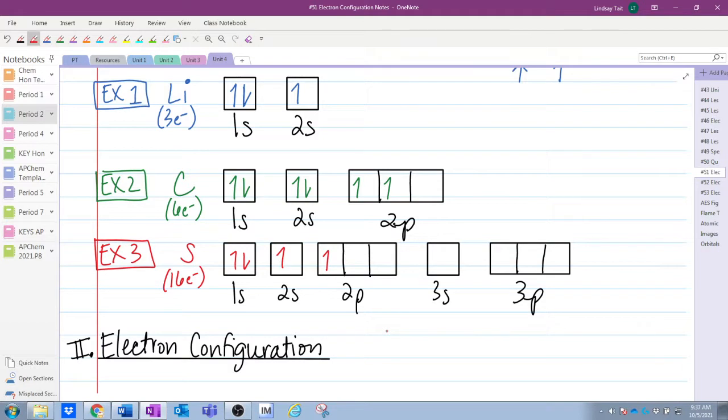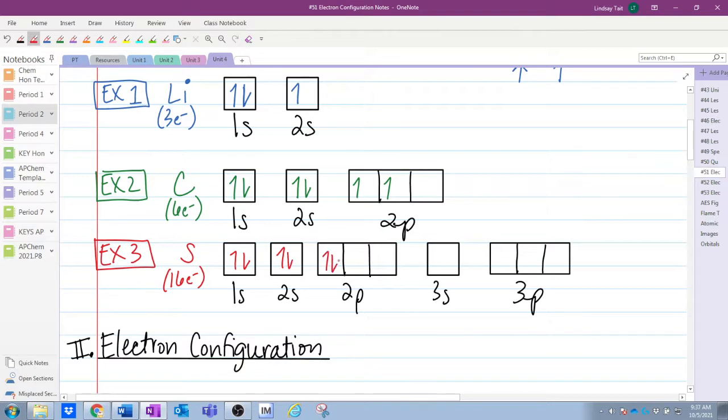Aufbau because? You have to fill it. Got to fill which one? The 2s. Got to fill the 2s before I can go to the 2p. Who's that a violation of? Polly because? They don't have opposite spin.